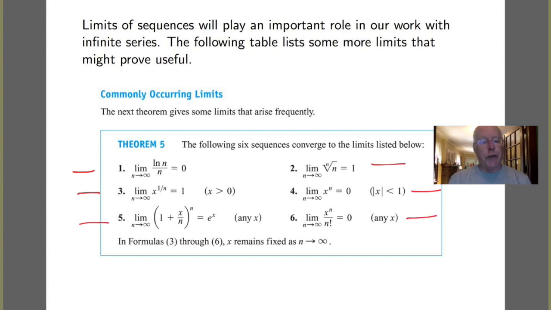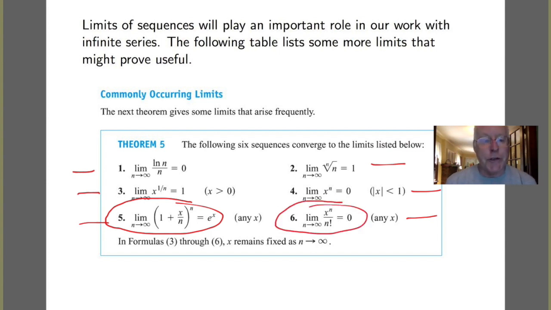So these are good things to keep in mind. Look these over. You can probably think through most of them and see why they make sense. We sort of did this one as our third example, and we looked at something very similar to this one in our second example. So find this table in your book, study it, be aware of these, and again, think about why each of these is true.